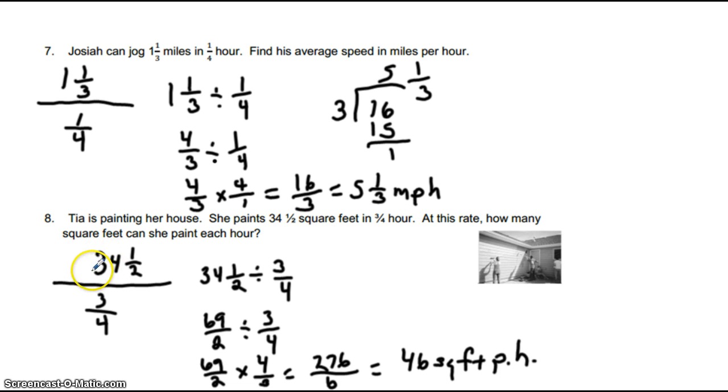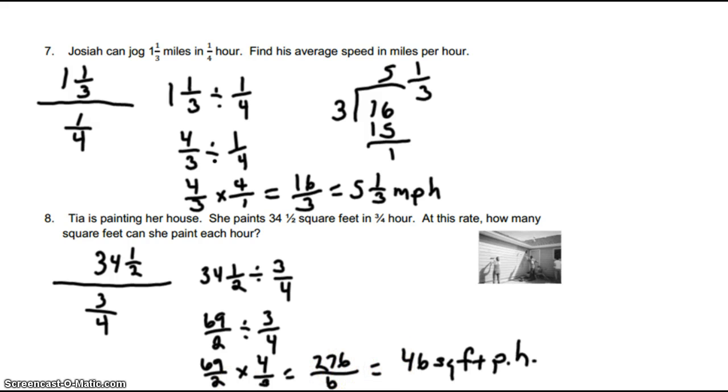So again, 34 1/2 divided by 3/4. Turn it into an improper fraction, multiply by the reciprocal, and then we simplify.